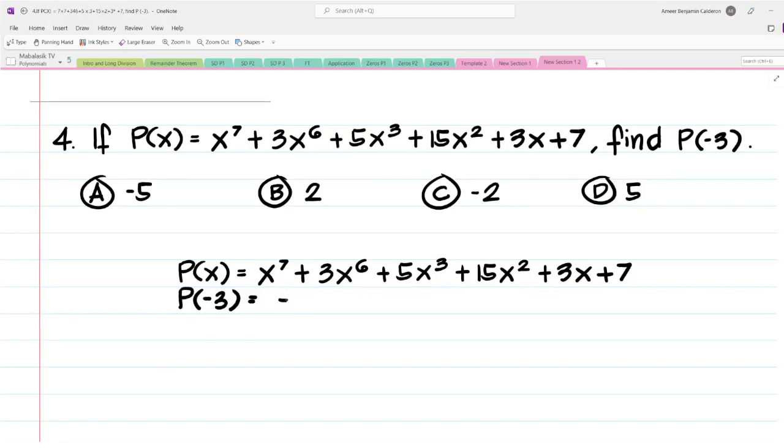So this is now negative 3 raised to 7 plus 3 times negative 3 raised to 6 plus 5 times negative 3 cubed plus, mabibitin yata yung space, usod lang natin.